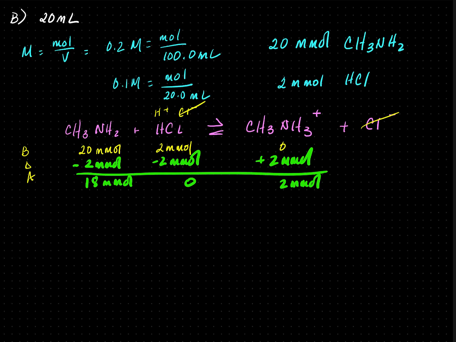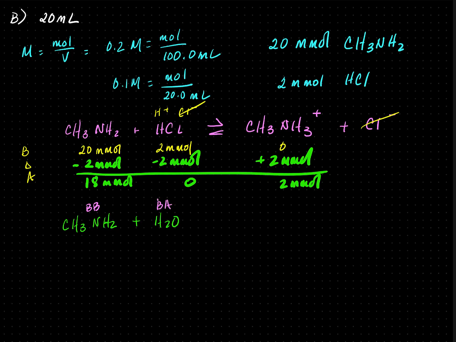So the equation for the ice table is going to be the dissociation of the weak base. If that is difficult for you, react it with water. So this is going to be CH3NH2 plus H2O. Here is my Bronsted-Lowry base. My water is my Bronsted-Lowry acid.